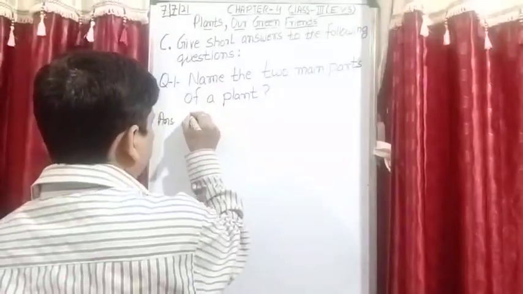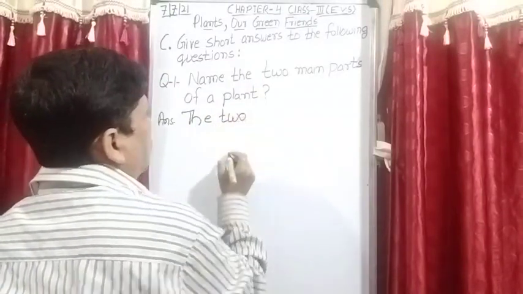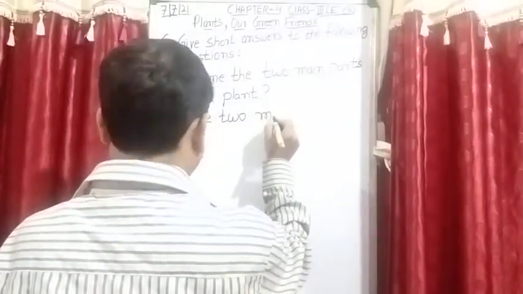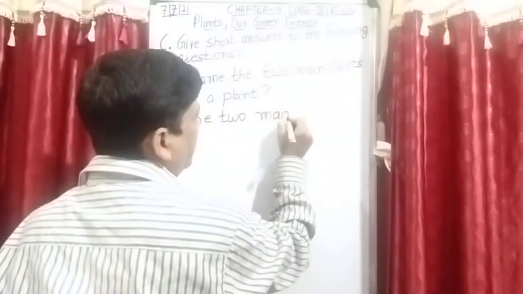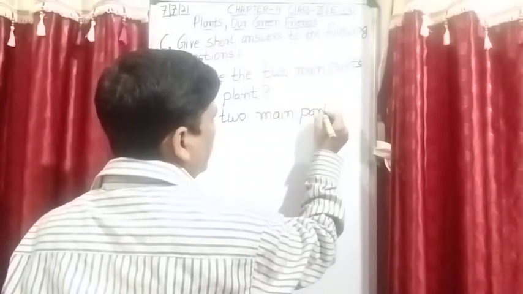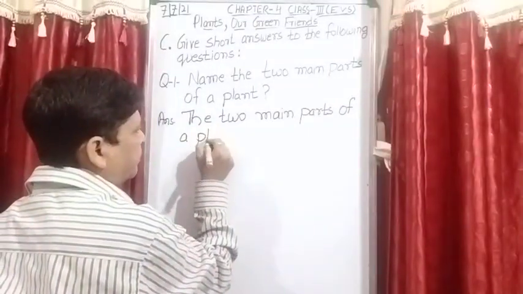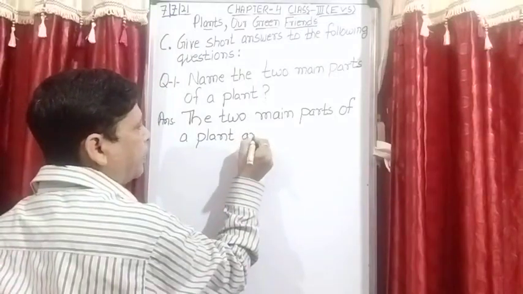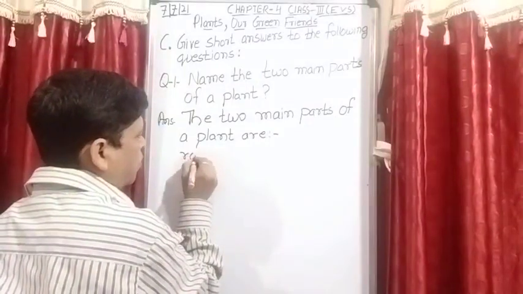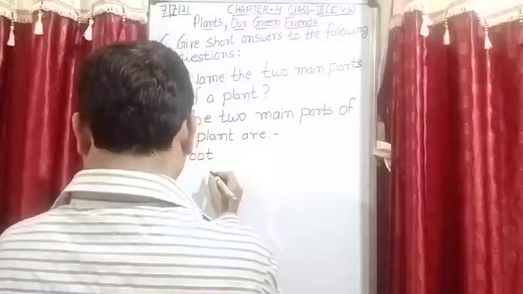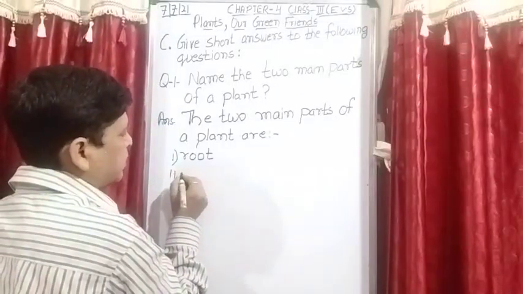The two main parts of a plant are, first one is root and second one is shoot.